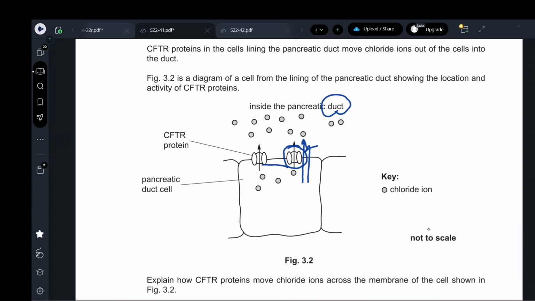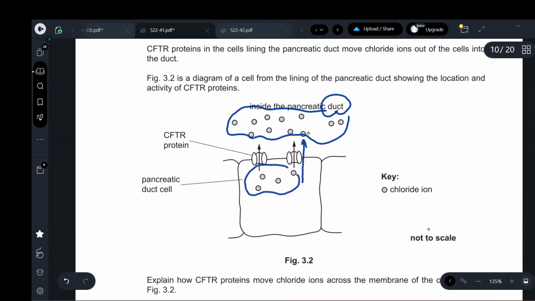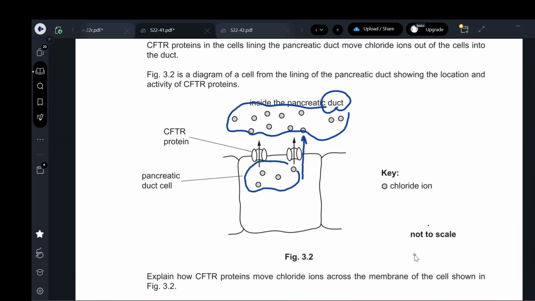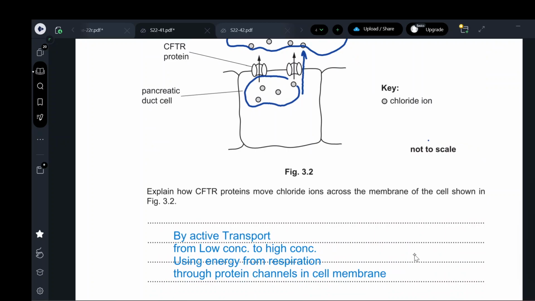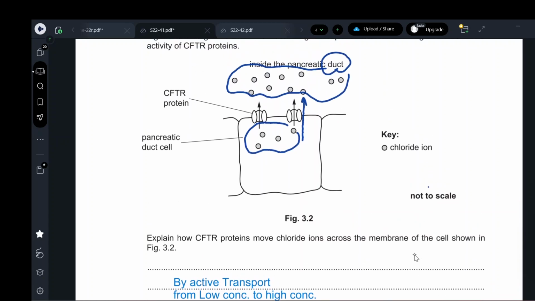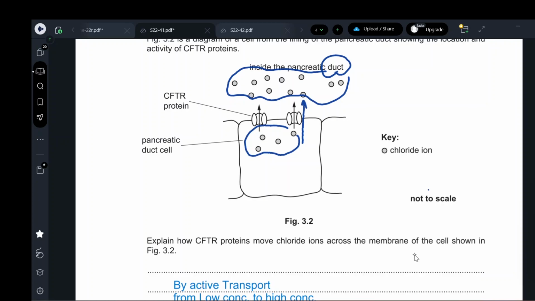Number two, I can see that here I have low concentration and on the other side I have high concentration. So the molecules move from low to high. Which process is this? Automatically I will say active transport, from low concentration to high concentration using energy from respiration through the protein in the cell membranes.